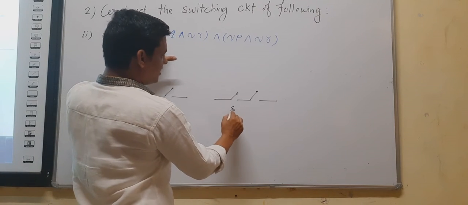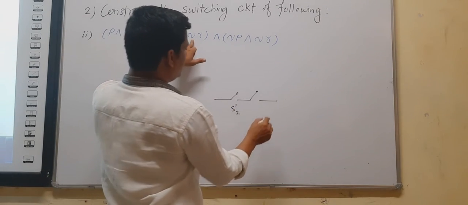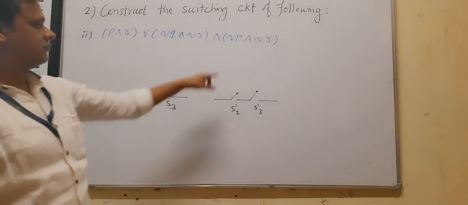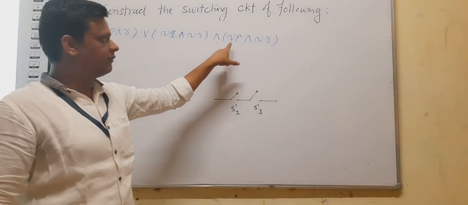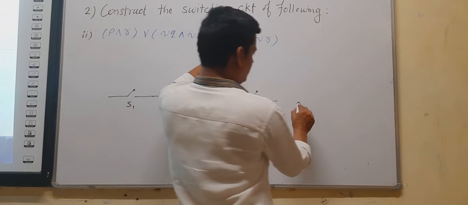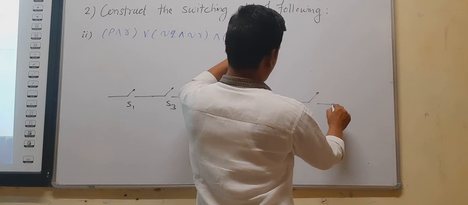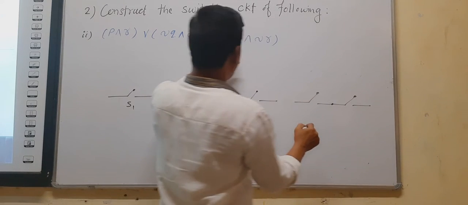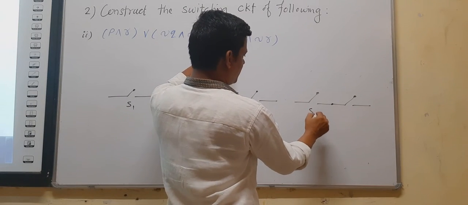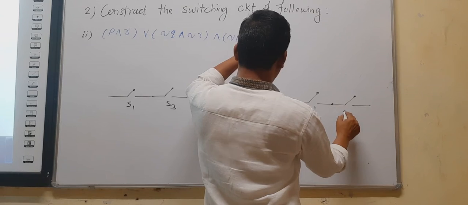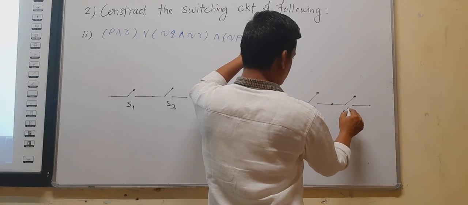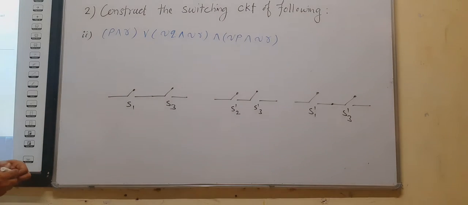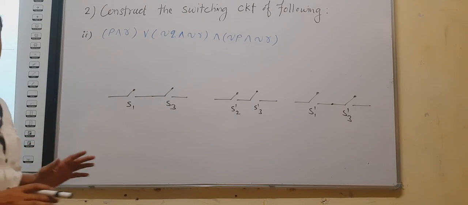Negation Q means S2 dash, negation R means S3 dash. Now prepare the third circuit for the third bracket. Negation P means S1 dash, negation R means S3 dash. These are the 3 circuits which we have to connect.